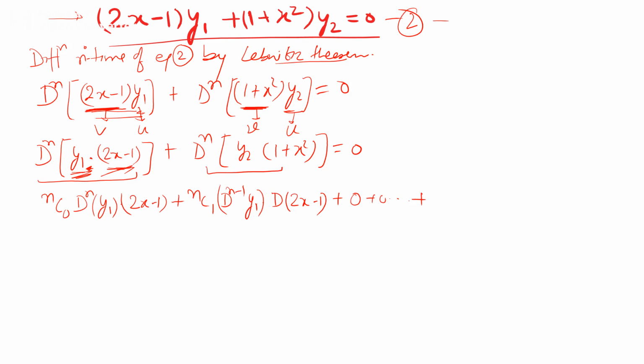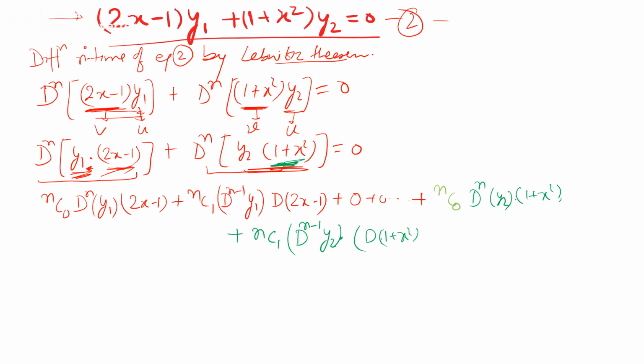Now apply the nth derivative on the second term. Here what we get: nC0, the nth derivative of y2, and the second function 1 plus x square is the same, plus nC1, the (n minus 1)th derivative of y2 and the first derivative of 1 plus x square, plus, again, the second derivative of that function exists but the third derivative is 0, so we write one more term, nC2, the (n minus 2)th derivative of y2 and the second derivative of 1 plus x square.